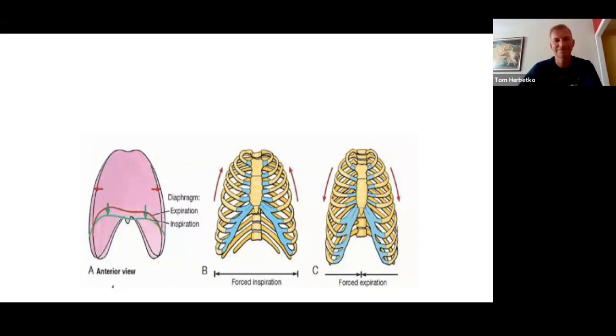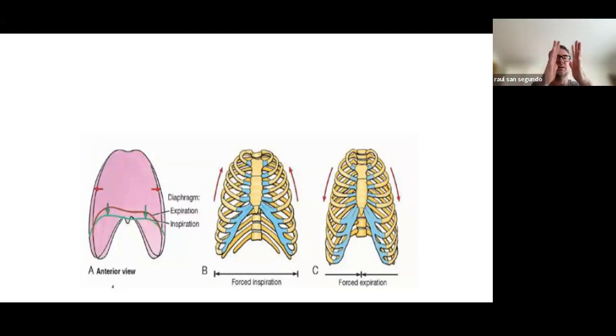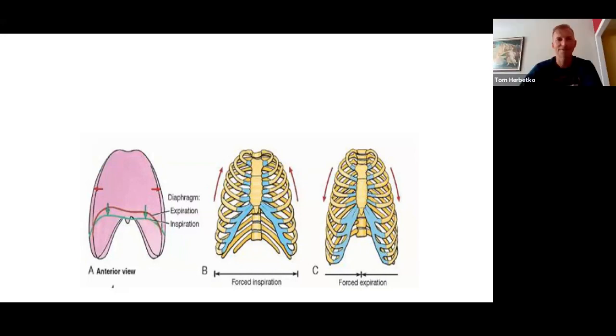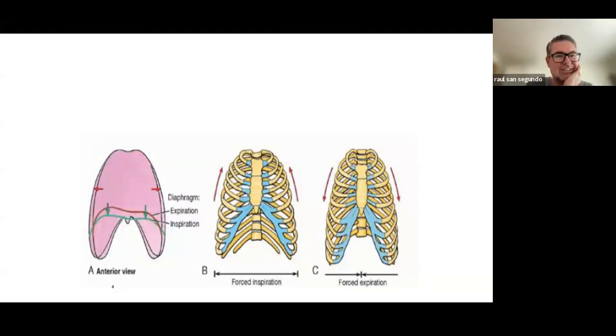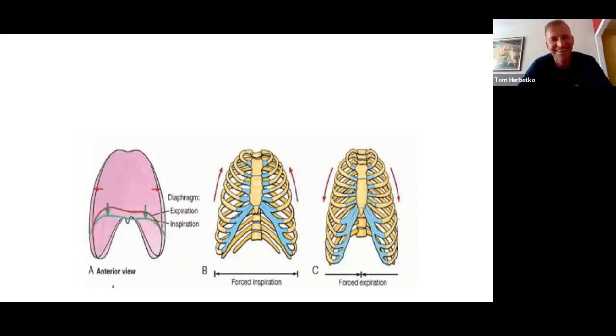It's going to move, getting this movement that we check when we are testing the diaphragm. Perfect. I like to explain it as opening up an umbrella when the central tendon opens. Great. I get it. I like that one.